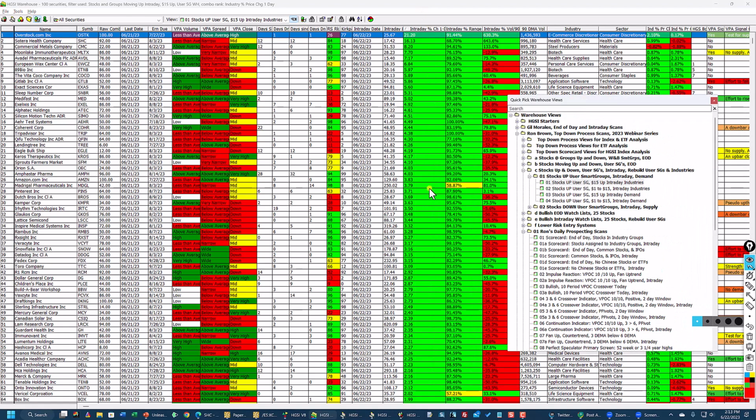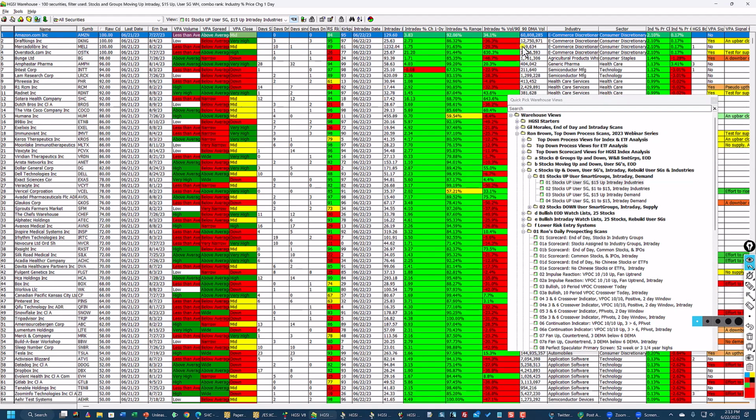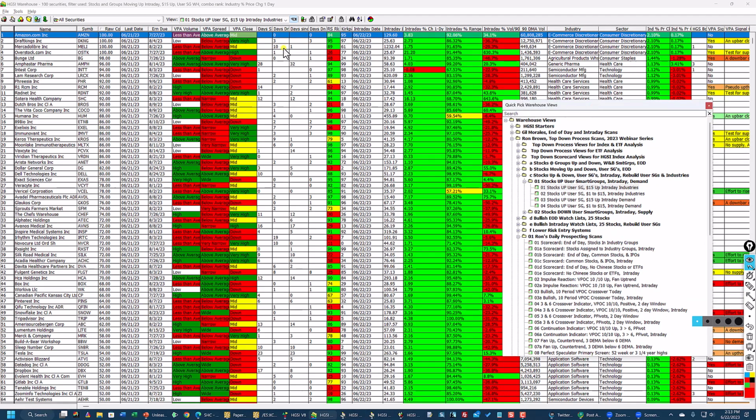You can see that this column is up. And it's sorted, if I do the raw combo, on the industry group. But if you want to use the VPOC crossover, which I just showed you, you would have to make a group of this and then go in and apply those views.